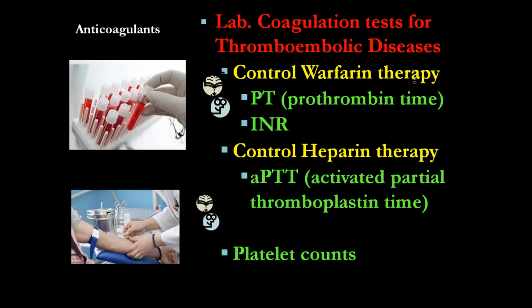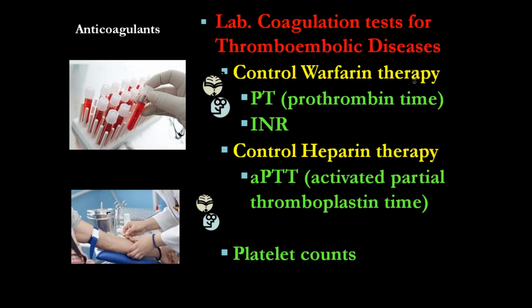Warfarin is PO, it is the treatment that is given to the patient, and it can be monitored every 2-3 weeks with some lab tests, in this case the PT or INR. PT is the prothrombin time, and INR is the international normalized ratio, right?